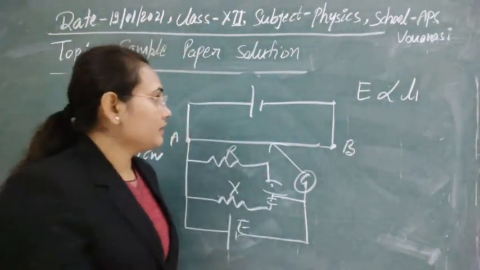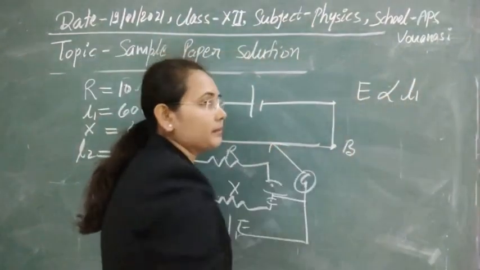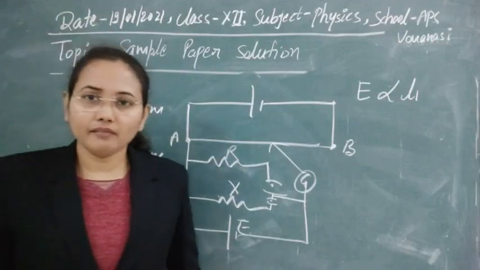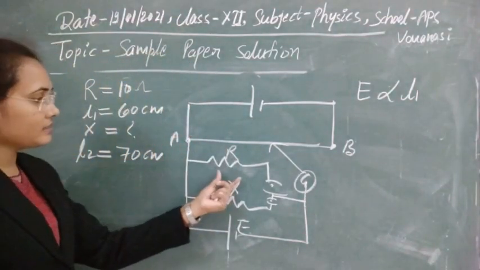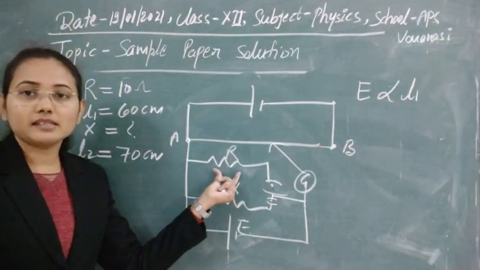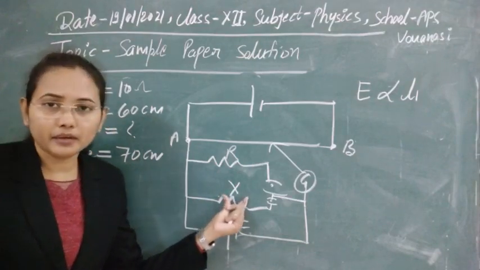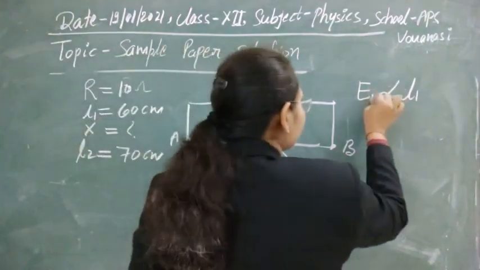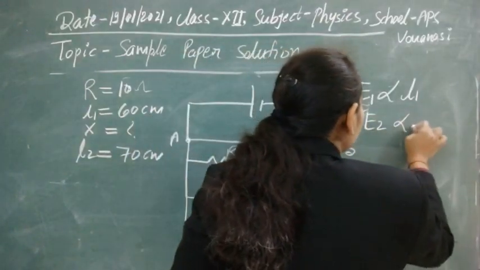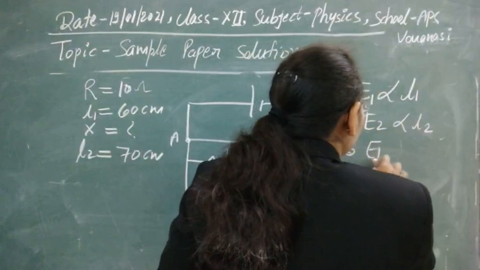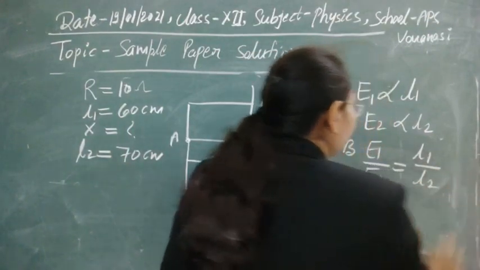As this is the principle of the potentiometer, the EMF is directly proportional to the null point. Suppose the voltage drop in resistance R is E1, and the voltage drop in resistance X is E2. So we can write E1 is directly proportional to L1 and E2 is directly proportional to L2. So E1 divided by E2 gives L1 upon L2.